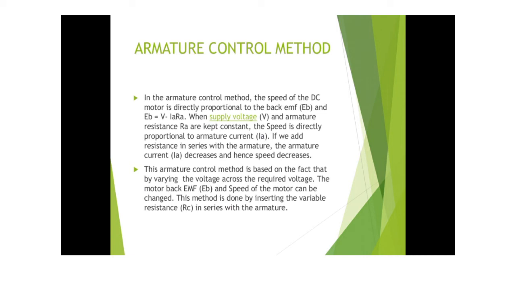If we add resistance in series with armature, the armature current decreases and hence speed decreases. This armature control method is based on the fact that by varying the voltage across the armature, the back EMF and speed of the motor can be changed. This is done by inserting a variable resistance in series with armature.